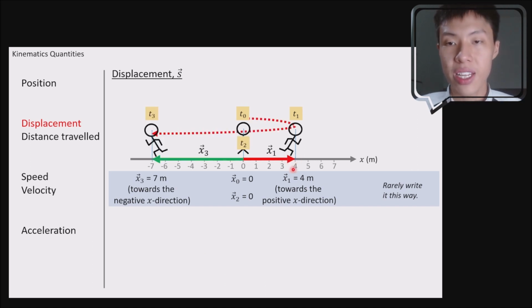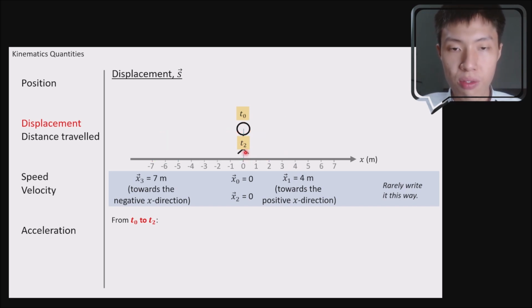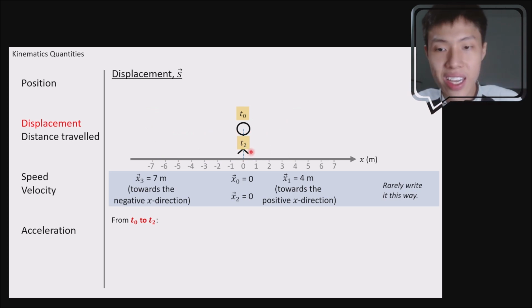Okay, let's try another example. Now let's try from t0 to t2. So you move from here, go towards this position here, then do a U-turn, come back to the origin. In this case, we remove all the unnecessary information, and this is the only information we need. We don't care how it gets from t0 to t2.